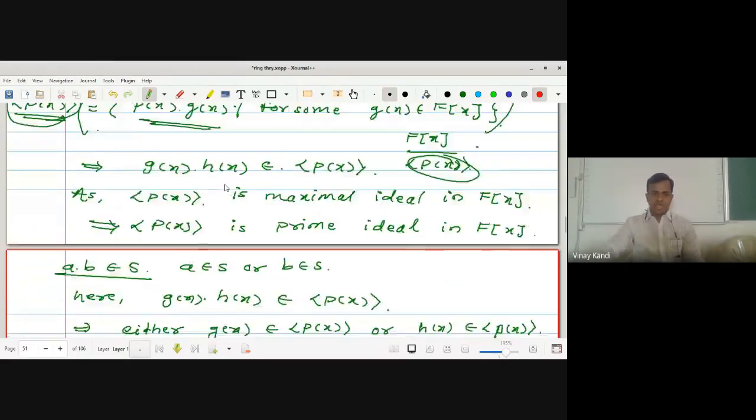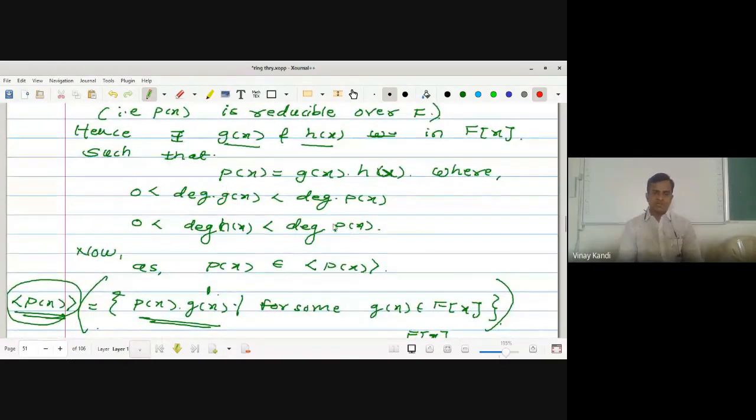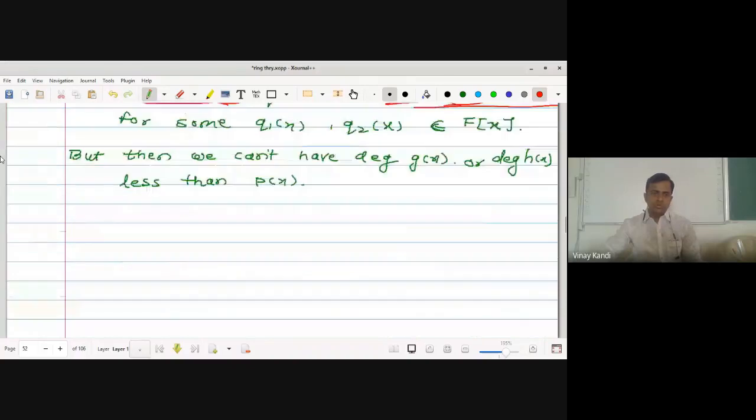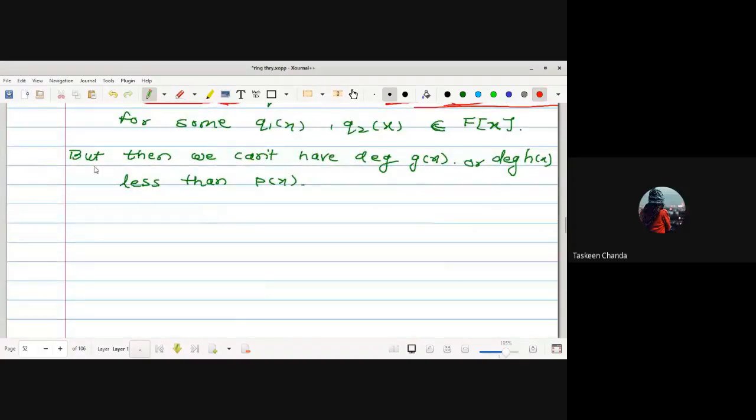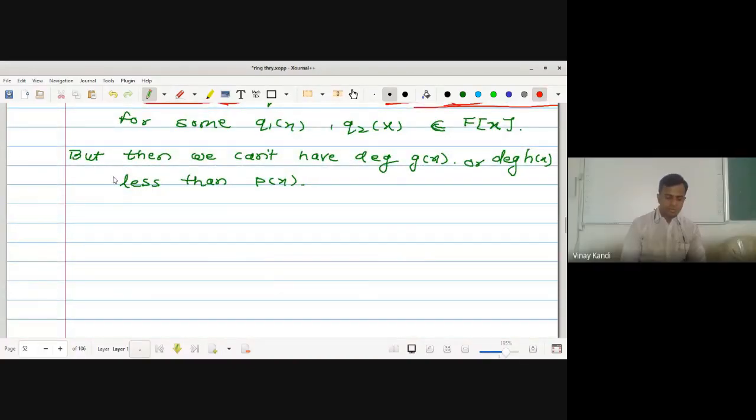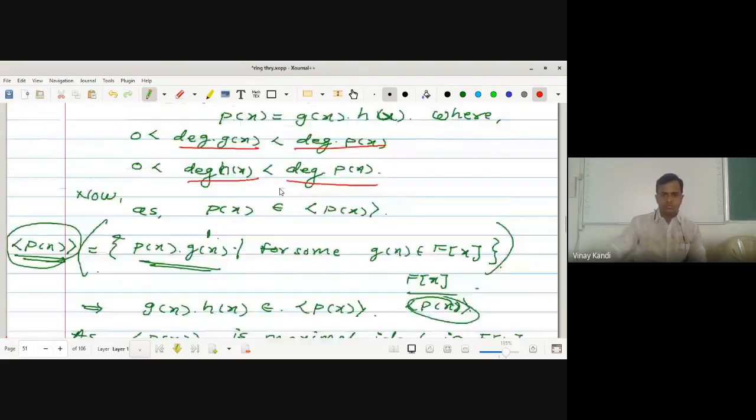But here we have degree of g of x and degree of h of x less than degree of p of x. How is this contradiction happening? Wrong assumption. We can't have the degree of g of x or h of x less than degree of p of x. Why? Because of this one.